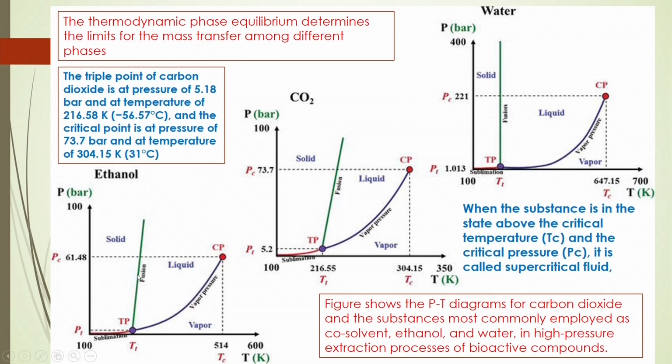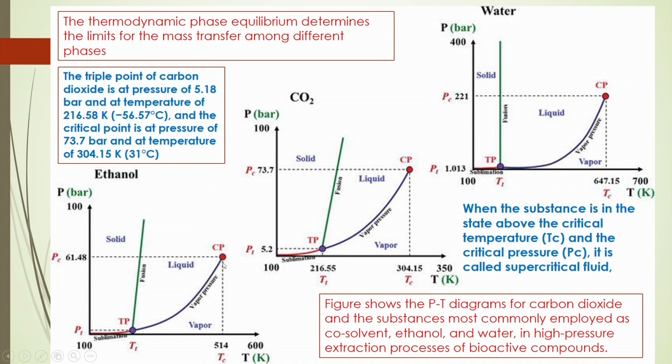So, for ethanol, at 61.48 bar pressure and a temperature of 514 Kelvin, that is the condition of pressure and temperature representing the critical point of ethanol.